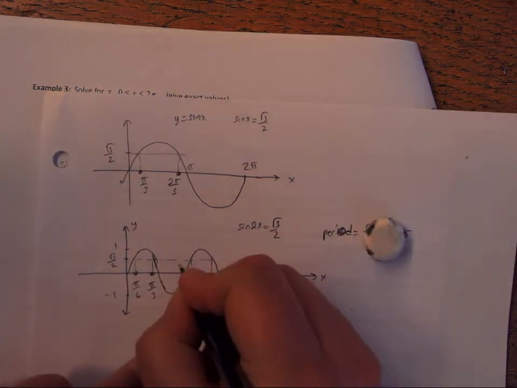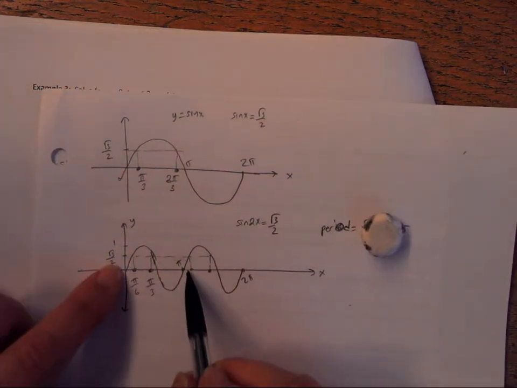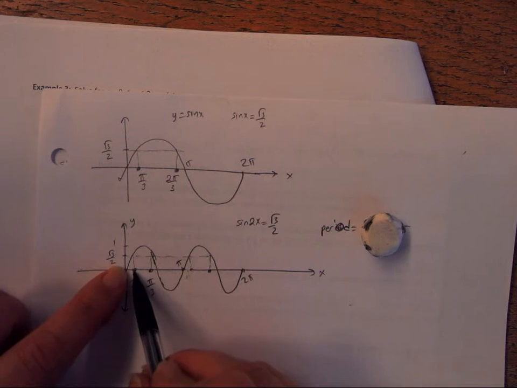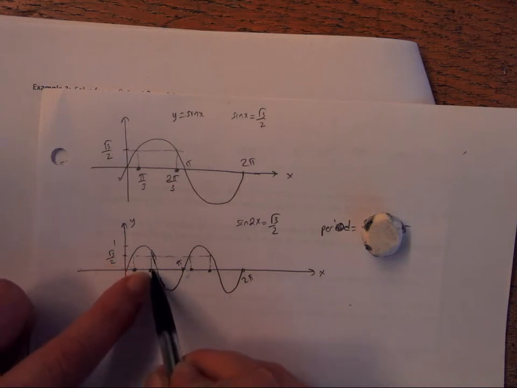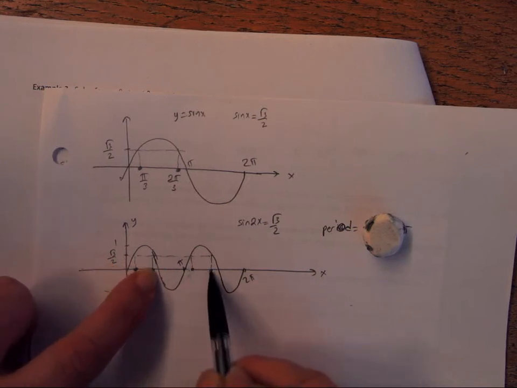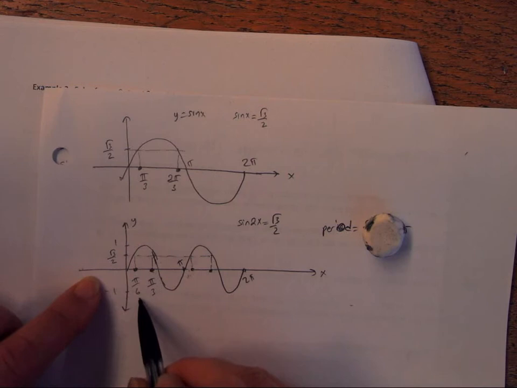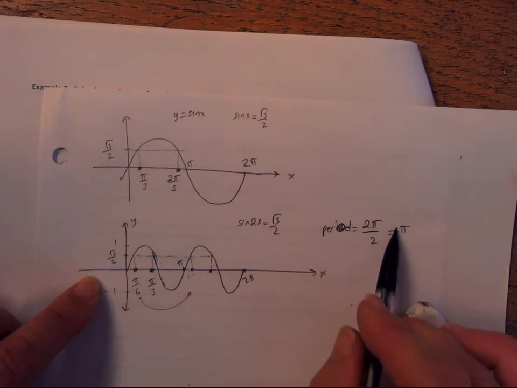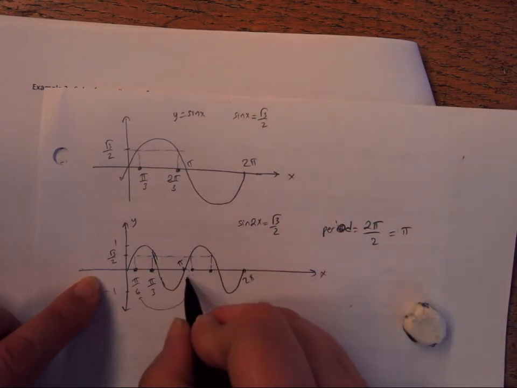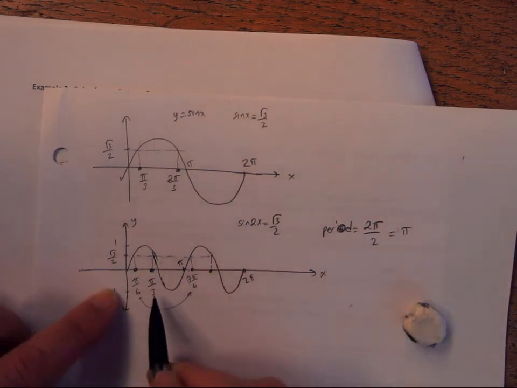So how can I do that? As you see, between this point and that point there is one period, and between this point and that point there is one period. So I can add one period to pi over 6 to get this point. The period, we said, is pi, right? So pi over 6 plus pi gives you 7 pi over 6.